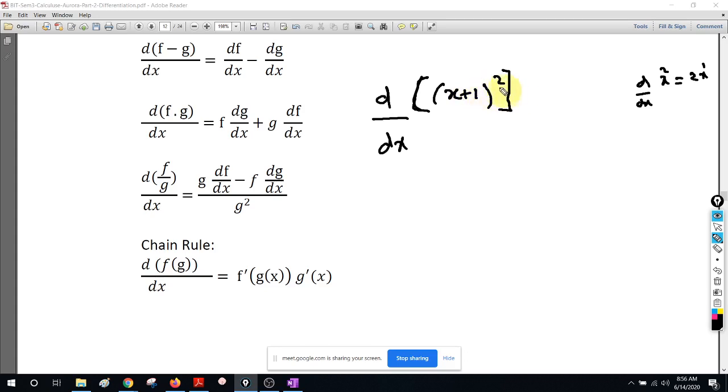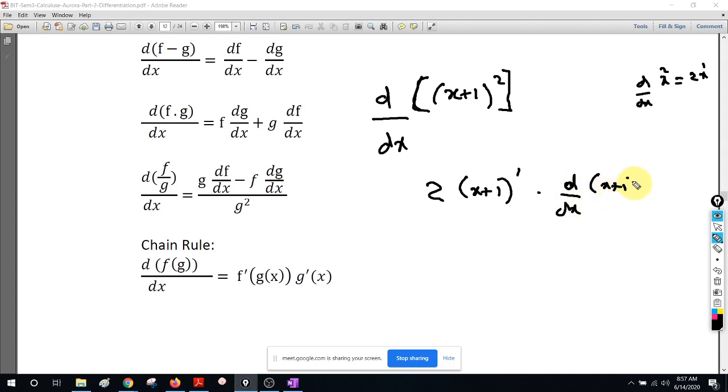So the derivative of x squared is 2x. What I think of as x is x plus 1. If you look at it like capital X, it is 2X, but capital X is x plus 1. But what you have to do, and that is why we call it the chain rule, is multiply by the derivative of what you thought of as your x, which is x plus 1.